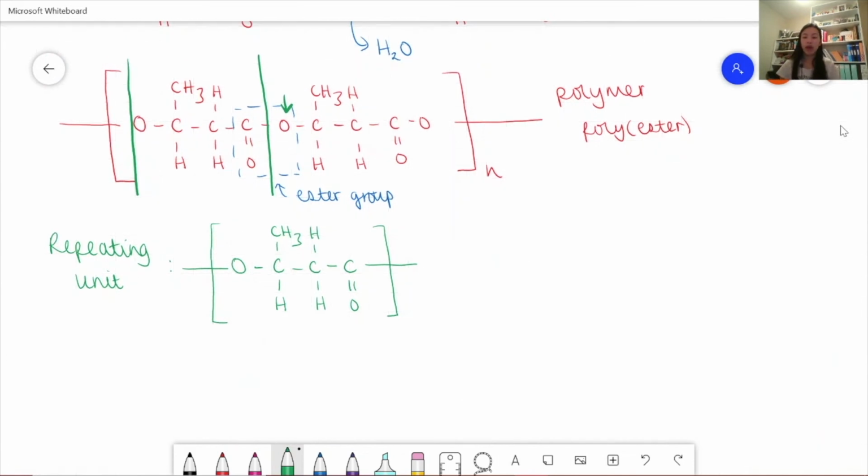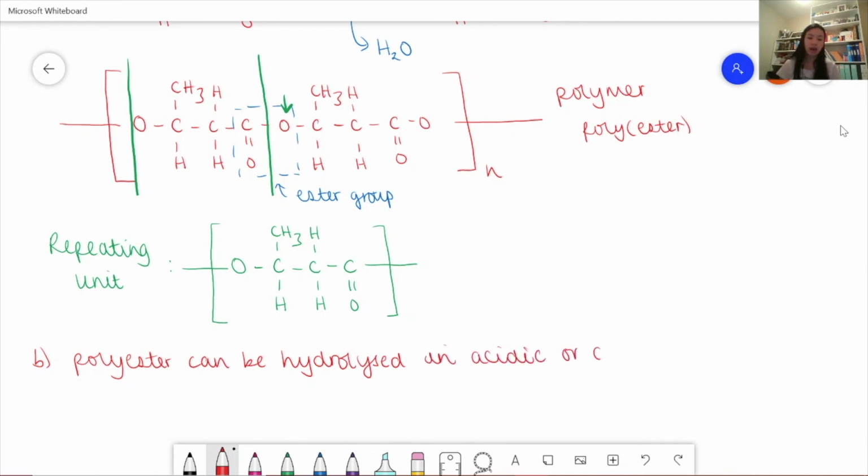So remember for polyesters and polyamides, they can be hydrolyzed. So this polyester can be hydrolyzed in acidic or alkaline conditions to reform the monomer.